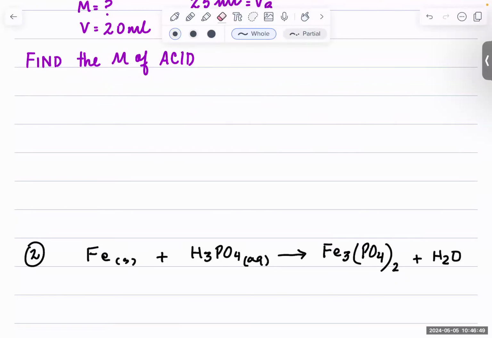Or let's do this here: H3PO4 and Fe gives FePO4 and water.